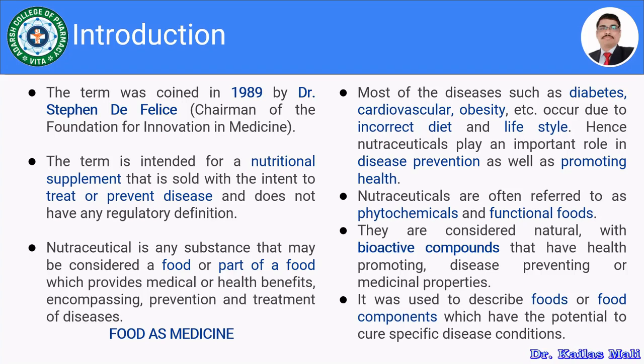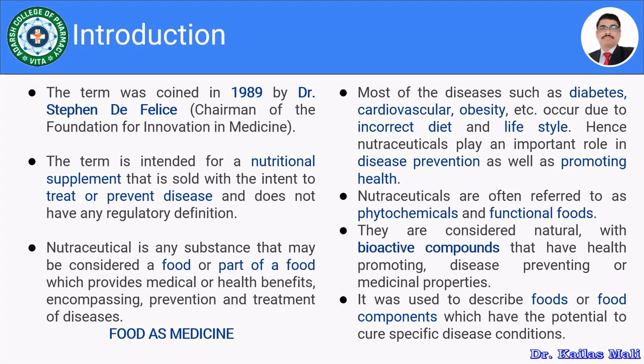It is intended for a nutritional supplement sold with the intent to treat or prevent disease. Nutraceutical products are used to manage, treat, and prevent diseases, say for example certain chronic diseases like diabetes, cardiovascular diseases, gastrointestinal disorders, cancer, and so on.